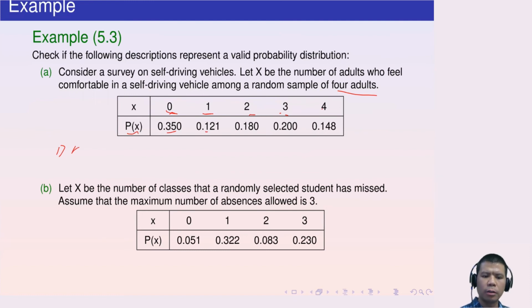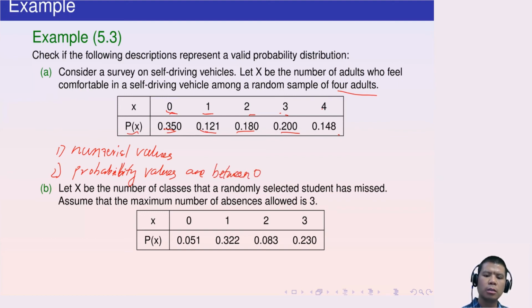Two, I think all these are probability values, and probability values are between 0 and 1. As we can see, they're all between 0 and 1.